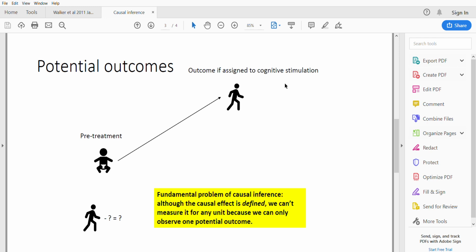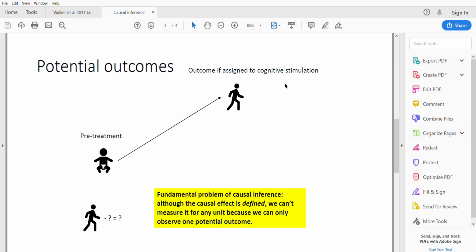And so essentially the problem for us is that we need two potential outcomes to calculate their difference. We're in a situation where we can observe one potential outcome, but not the other two. And so we won't be able to estimate or measure any of those treatment effects. So the causal effect is well defined, but we can't measure it for any given unit. This is almost always true, and that's because we can only observe one potential outcome.